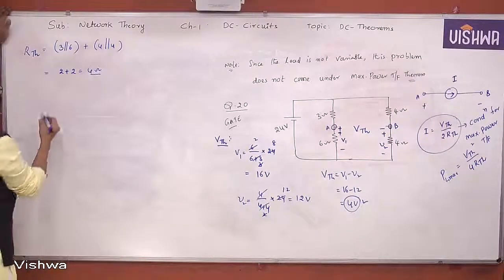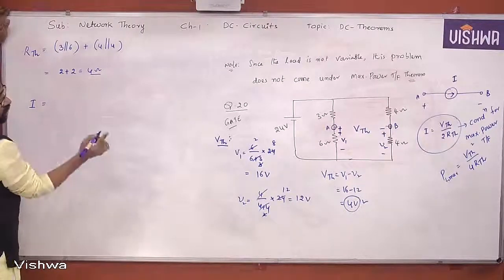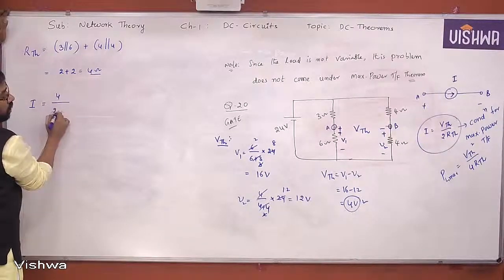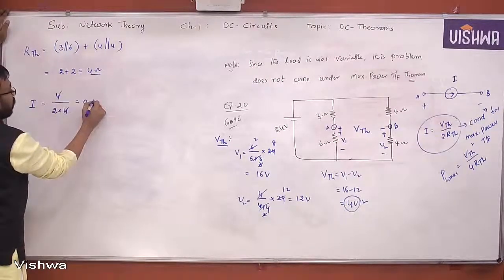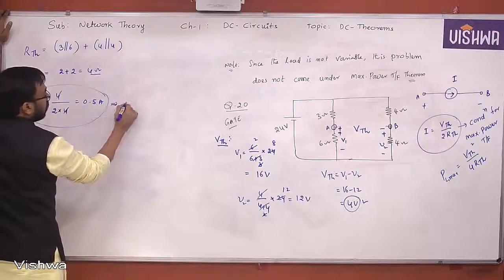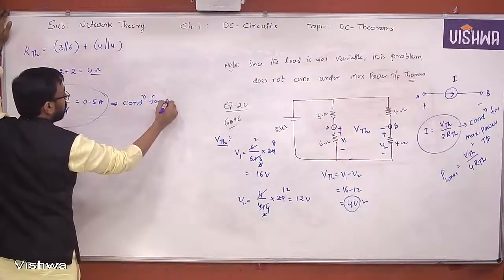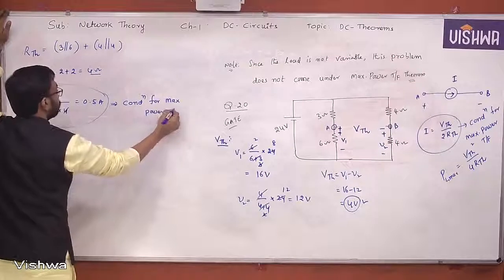Now what is the condition for maximum power transfer? I equals VTH by 2 times RTH. VTH is 4, so 4 by 2 times RTH, which is also 4. 4, 4 cancel, so 0.5 ampere. This is the condition for maximum power transfer.